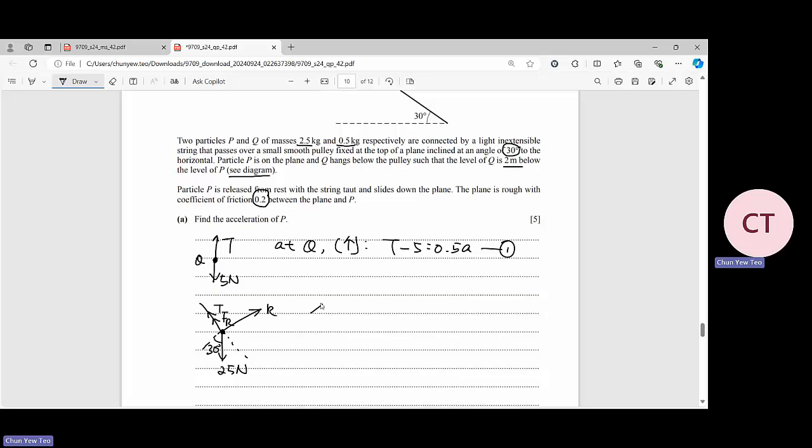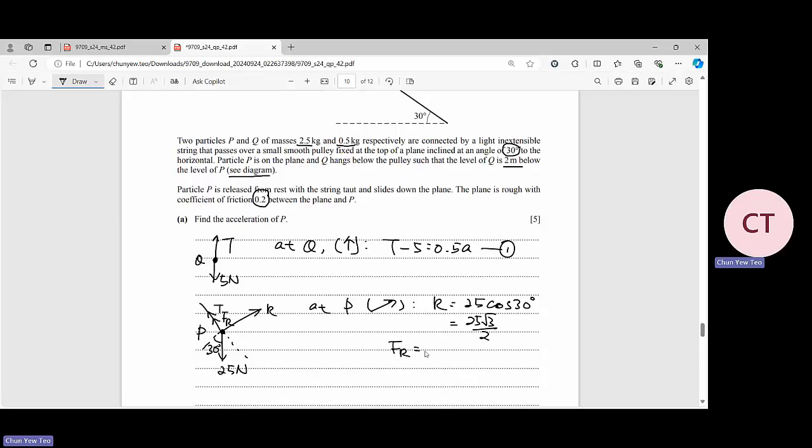So if you resolve the forces, I forgot to mention at P. So at P, if you resolve the forces perpendicular to the plane, you will get R is equal to the 25 cos 30 degree. That will be 25 root 3 over 2 Newton.